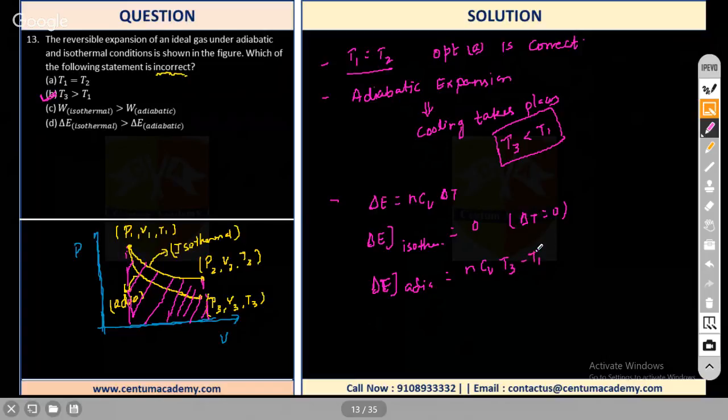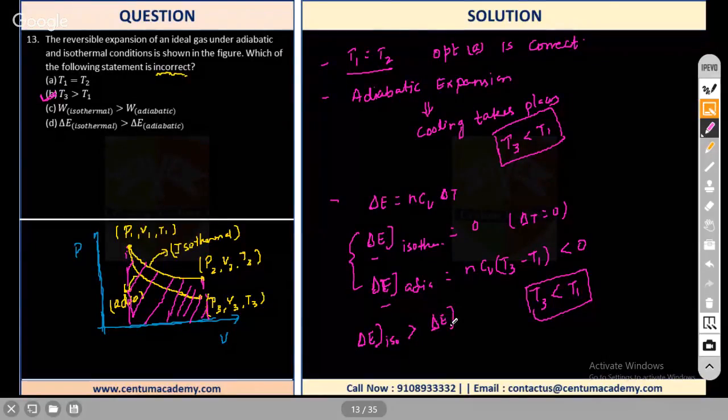Since it is an adiabatic process, expansion takes place, so work is done by the system and internal energy decreases. So delta E will be negative, so T3 is less than T1. This is one thing that we have already done. Delta E is negative. So if you compare these two, this is 0 and this is negative. So delta E in the isothermal process is more than delta E in the adiabatic process. So option D is also right. B is the wrong option we have, and that's why the answer is B.